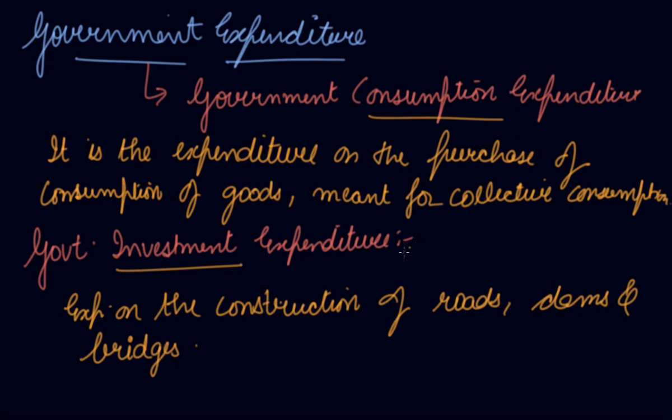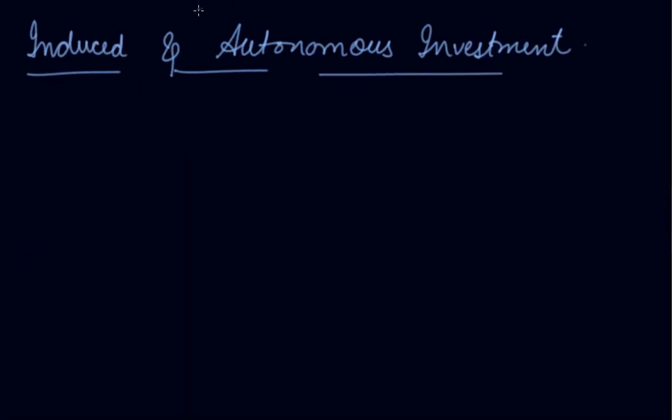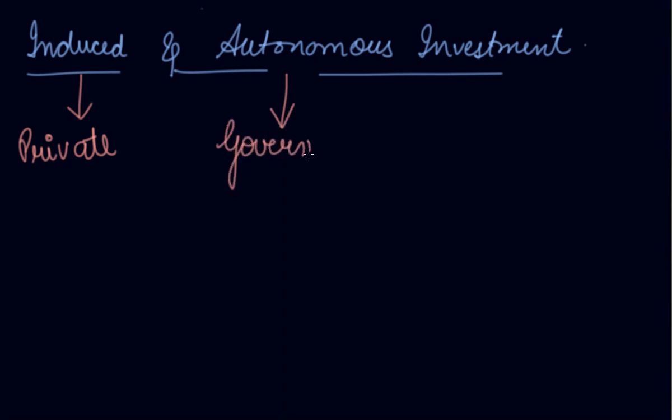Now your investment is of two types: induced and the autonomous investment. Now see, whatever the investment is done by the private investors is the induced investment, and the investment done by the government is your autonomous investment.